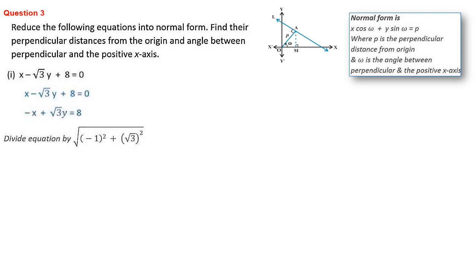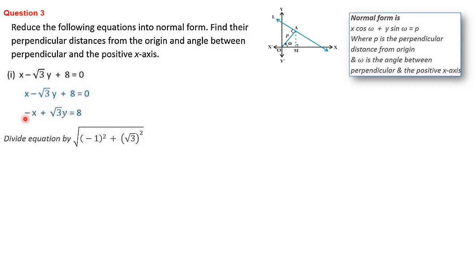So coefficient of x and the coefficient of y squares we have to add and take the square root. So square root of minus 1 whole square plus root 3 square. We are going to divide the entire equation by, if you say this one as a and b, root of a square plus b square, that is what we are doing.